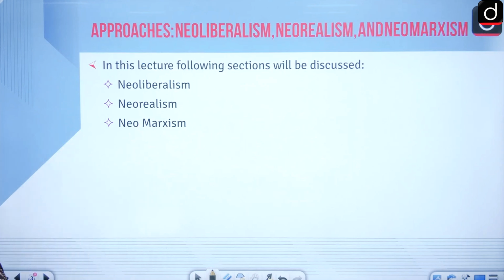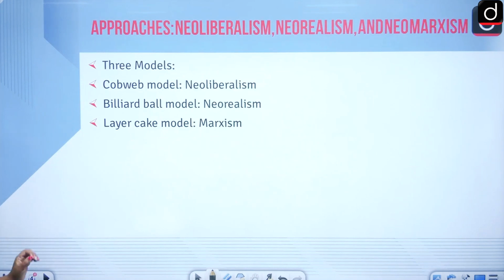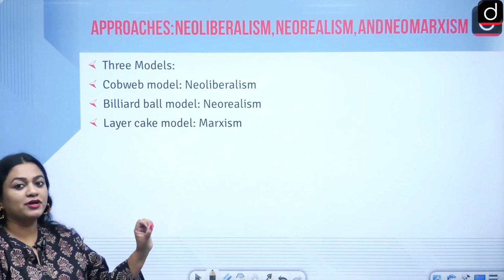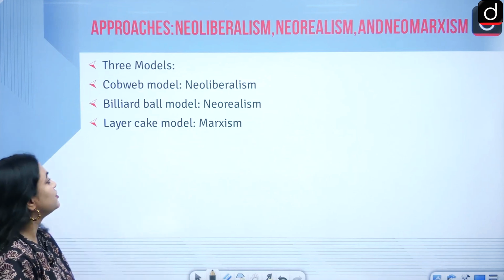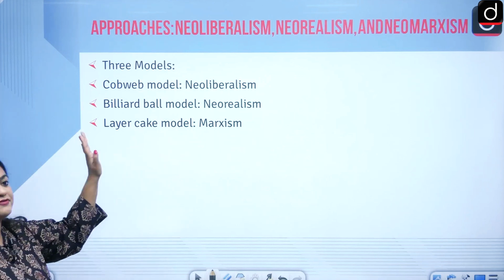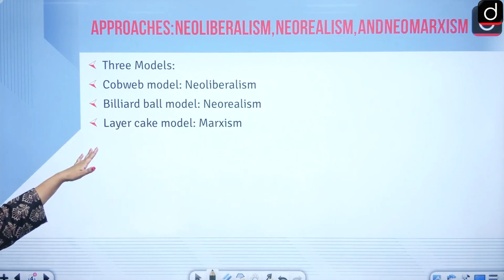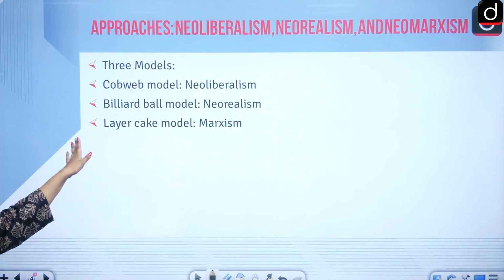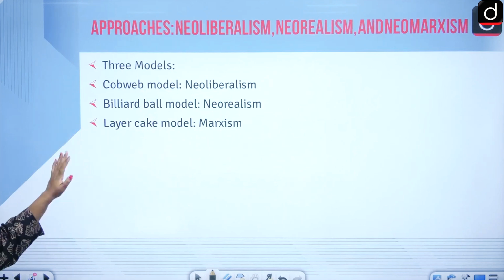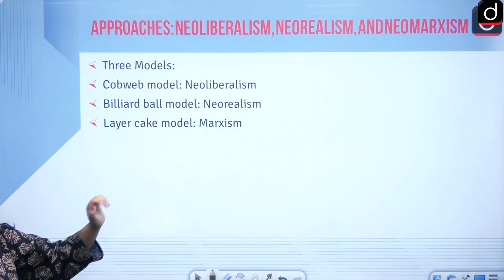Now, the best way of understanding neoliberalism, neorealism as well as neo-Marxism is through three models. One is the web model for neoliberalism, the billiard ball model for neorealism and the layer-cake model for Marxism.